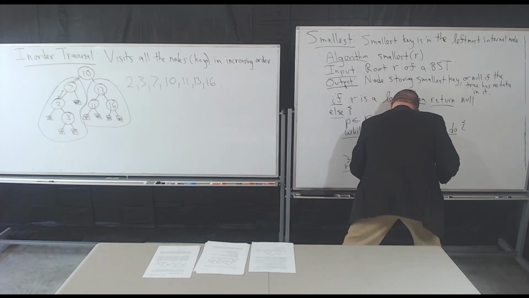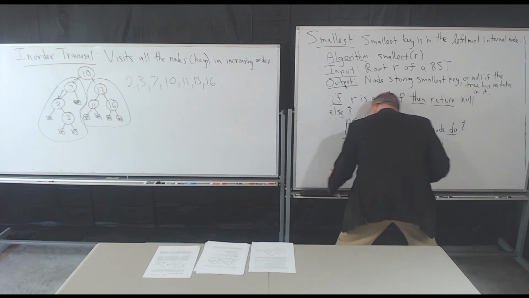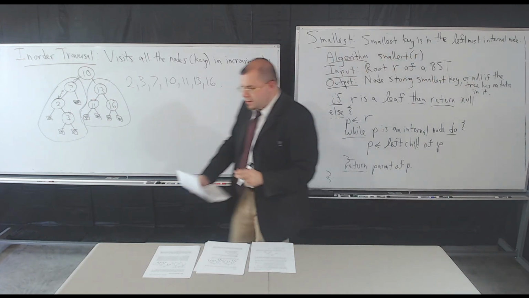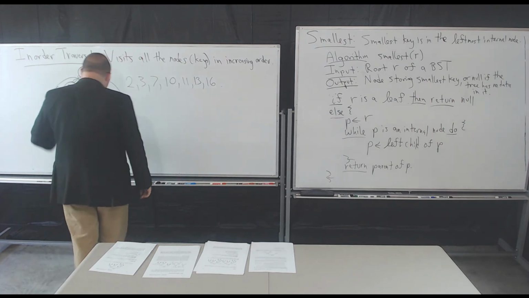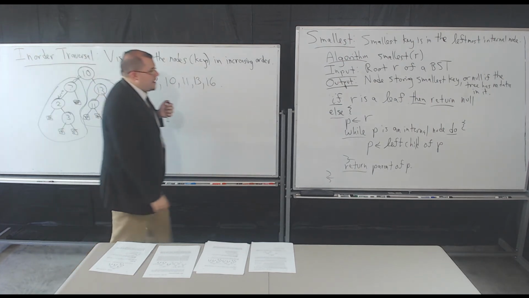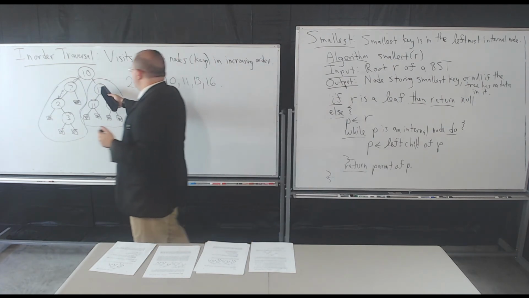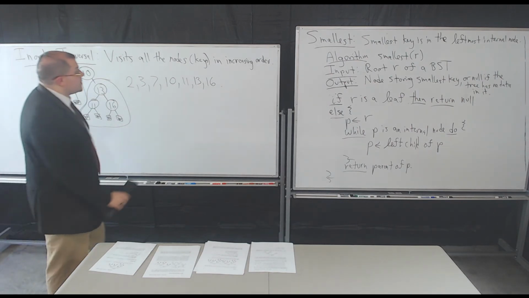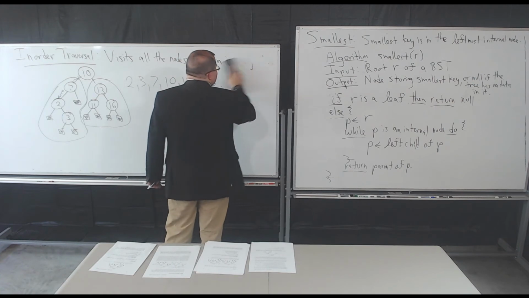So I'm going to return the parent of p. And voila. So that's what smallest is for us. And you'll notice that I could just run this on any one given node, because technically, if you look at any one of these nodes, you can just look at it as a subtree, which is in fact a tree. So everybody see that?